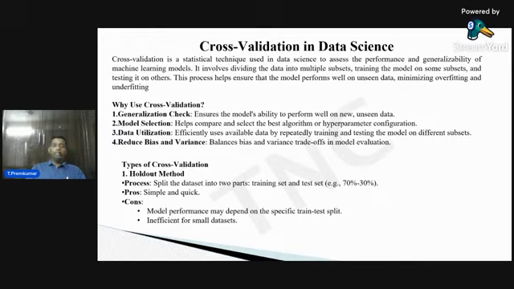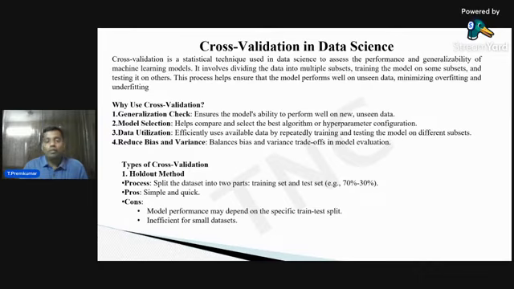Then the next one is data utilization: it efficiently uses the available data by repeatedly training and testing the models on different subsets. The last one is reduced bias as well as variance, so we can reduce the bias and variance traits in the model evaluations.